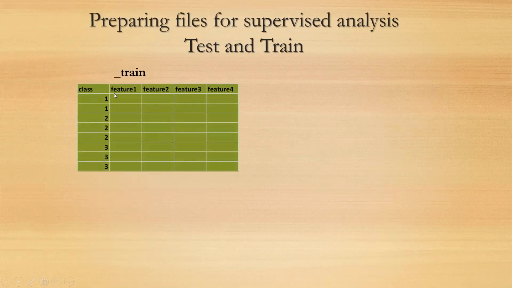We have our features, which, for our R script, have to be the columns. Each feature can be an isoform. And we have a class. Each subtype of cancer will be assigned a class, a number.